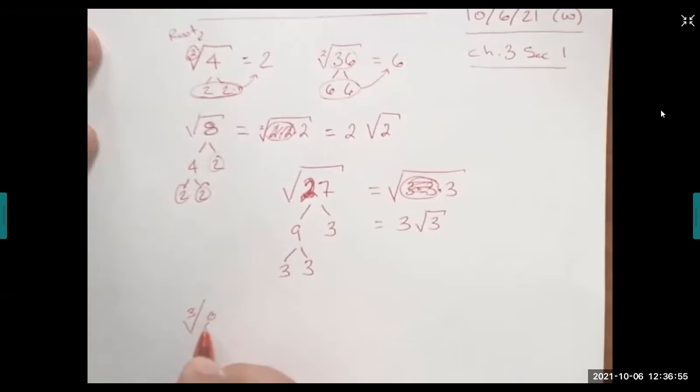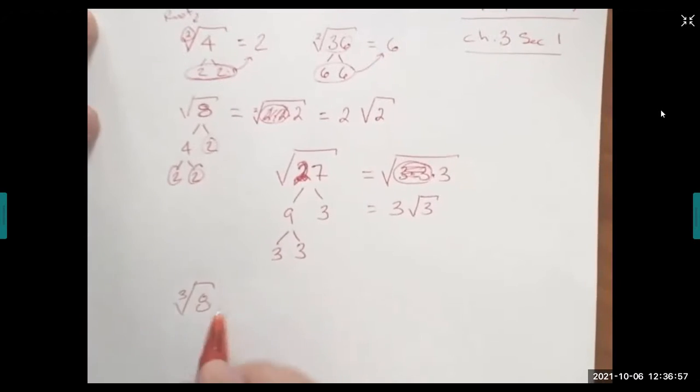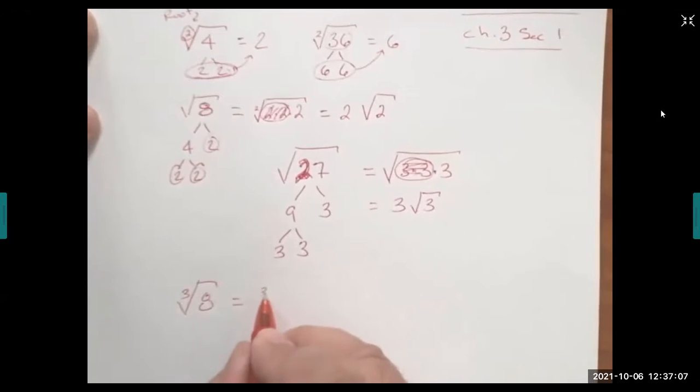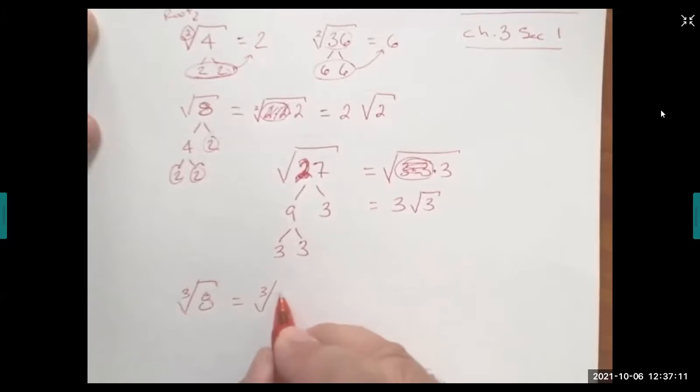How about if we had cube root of 8? What would that equal? Again, break down 8 to its smallest numbers. 8 is 2 times 2 times 2.